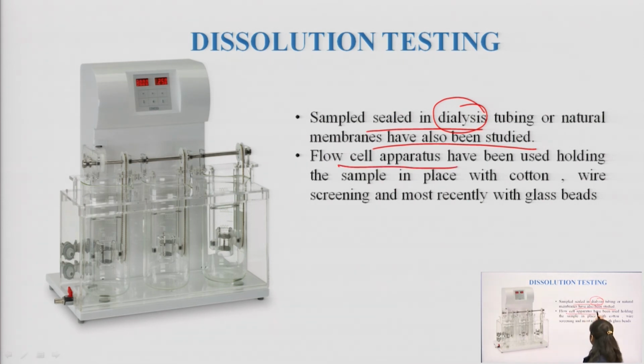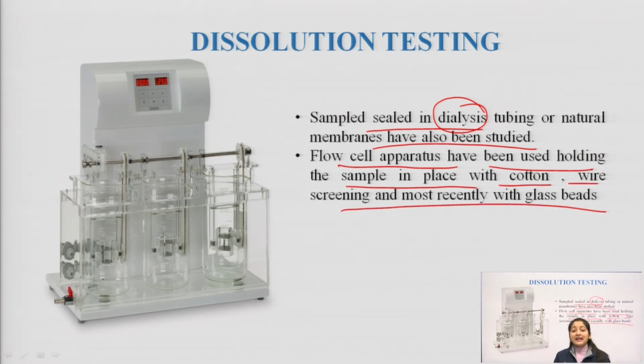Now, the flow cell apparatus has also been used, holding the sample in place with cotton, wire screening, and most recently with glass beads. So, instead of using the traditional basket type apparatus, we are making a slight modification. We are going for the wire mesh basket, or we are employing different kinds of membranes.